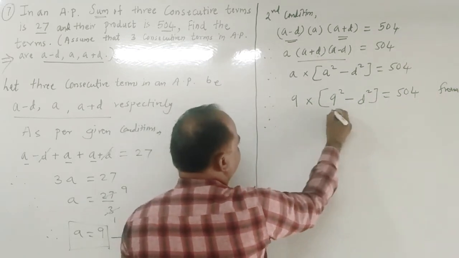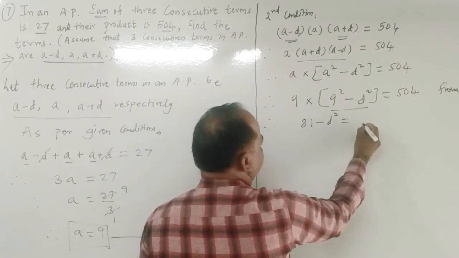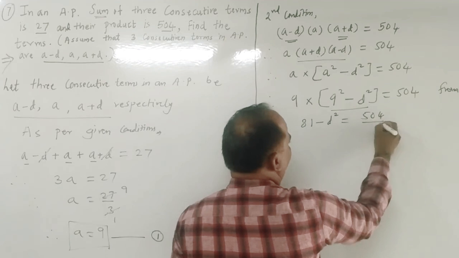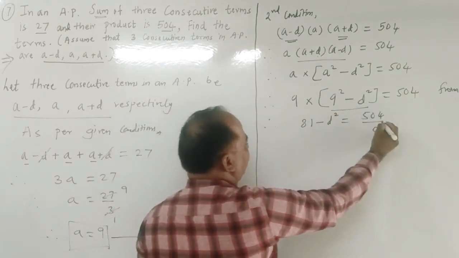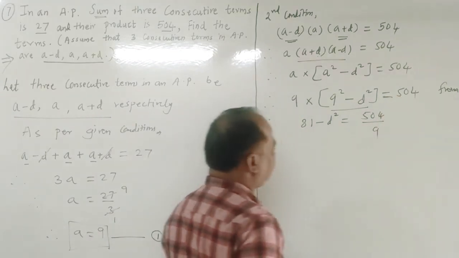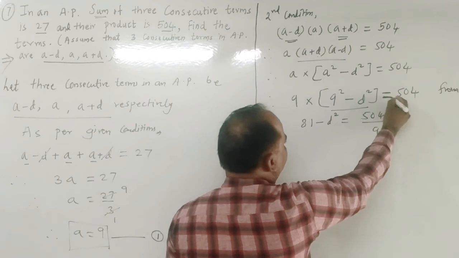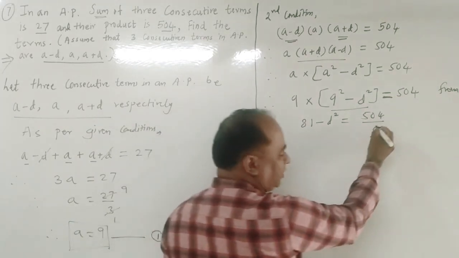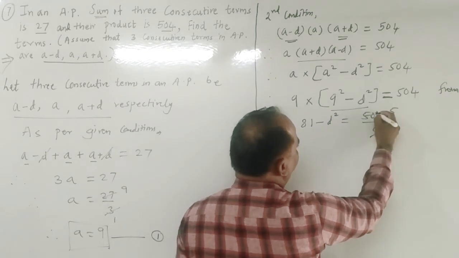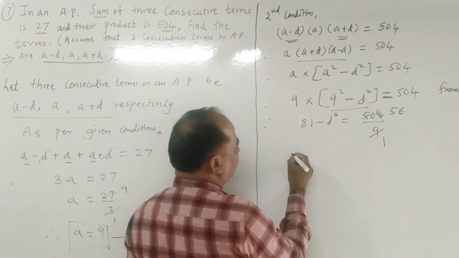Therefore 9 square 81 minus d square is equal to 504 upon 9. This 9 will get divided on right hand side of the equal to sign, since here it is multiplication. It will get divided: 504 by 9, 9 ones are 9, 9 fives are 45 and 9 sixes are 54.